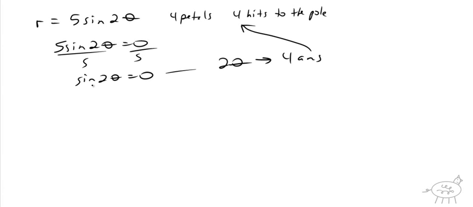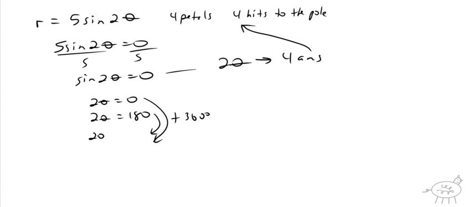So remember, the question is, the sine of what is 0? And you guys agree it's 0 and 180 degrees. So that means you do 2 theta is equal to 0. 2 theta equals 180. And I know I've doubled the number of answers, so each of these guys I'm going to add 360. So I get 2 theta equals 360. And 2 theta is equal to 540.